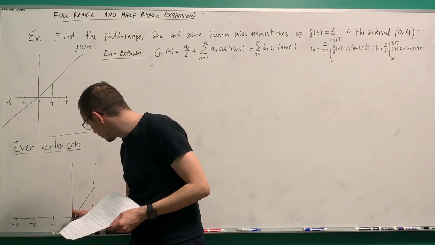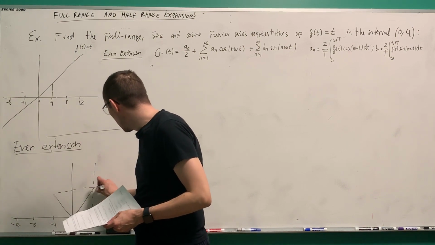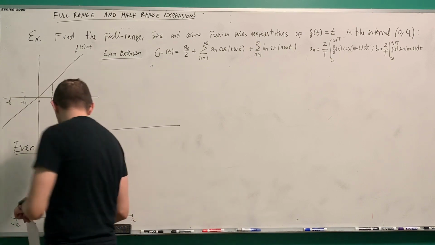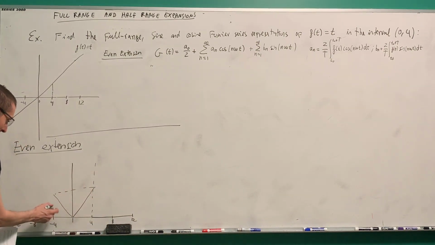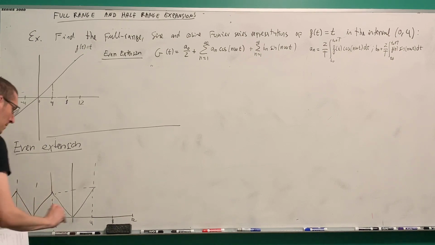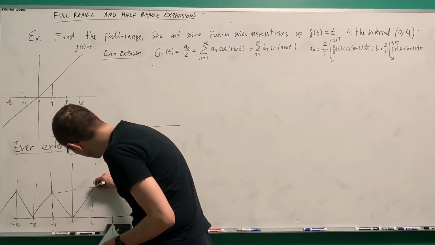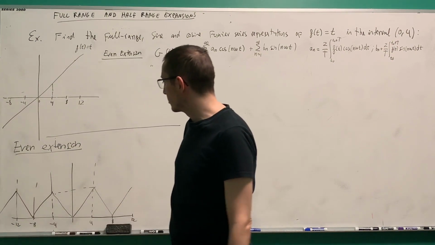So this would be the mirror with respect to the axis, like that, so that at the same distance from the axis, the value is the same. And then, of course, you keep going like that, and the same here. All right, so that's the even extension.